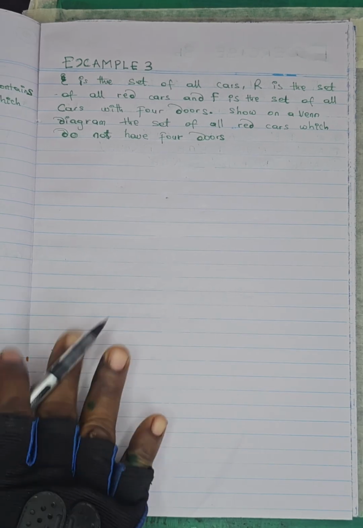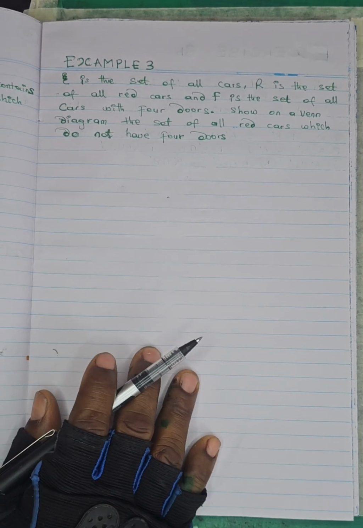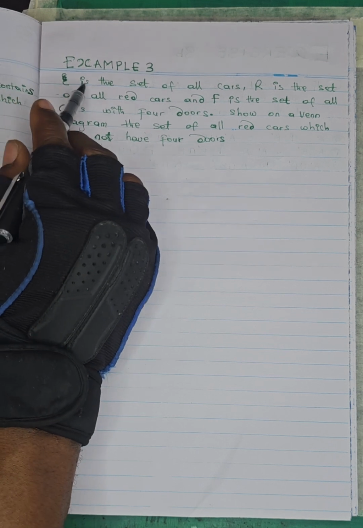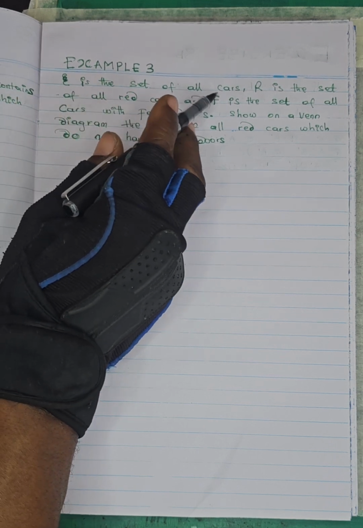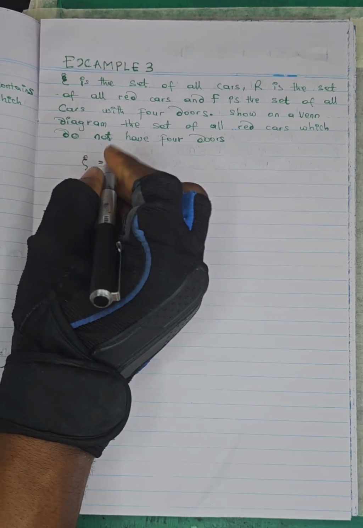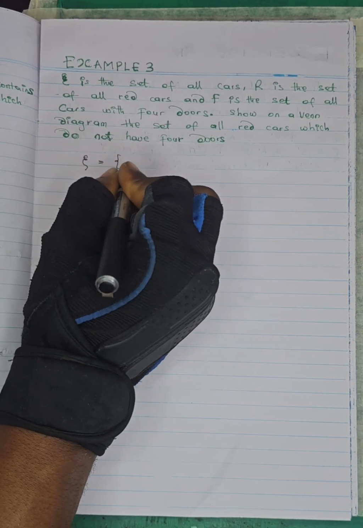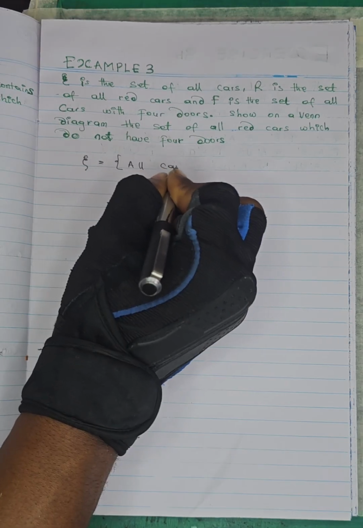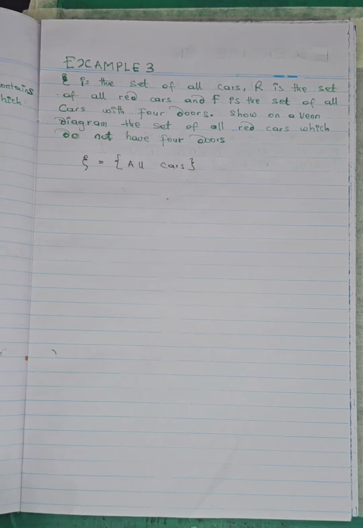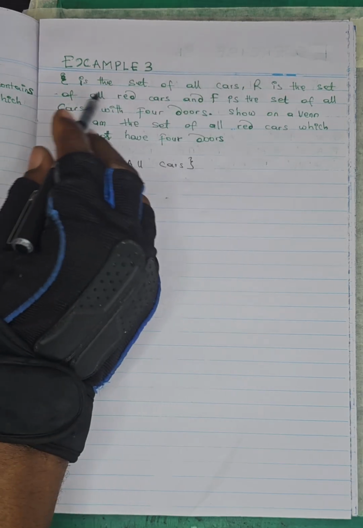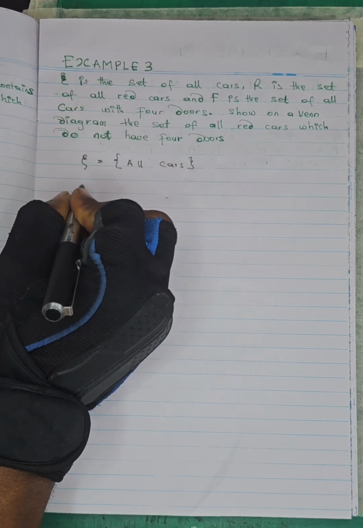Let's go to example 3. This example 3 is a very tactical one, so we have to pay very deep attention to it. We have a universal set. It is the set of all cars. So we have this universal set like this to be all cars. So we also now have R is the set of all red cars.